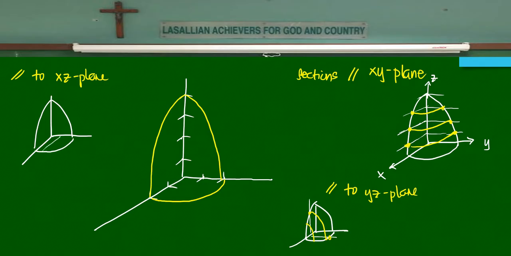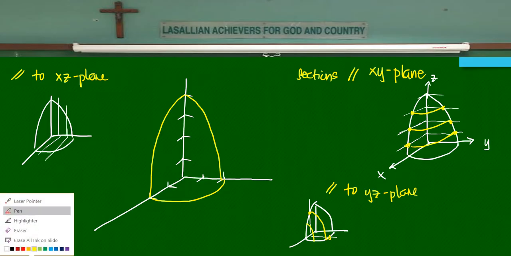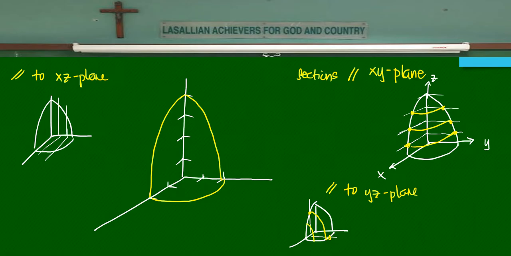If I move along the y, let's say y is there and there, I will basically just copy the trace of the one on the xz plane. So that's a parabola facing down, and so on. So those are the sections drawn. But the three-dimensional figure is, of course, the one here in yellow. Next, what about if I ask you to draw, say, x squared plus z squared is equal to 1?